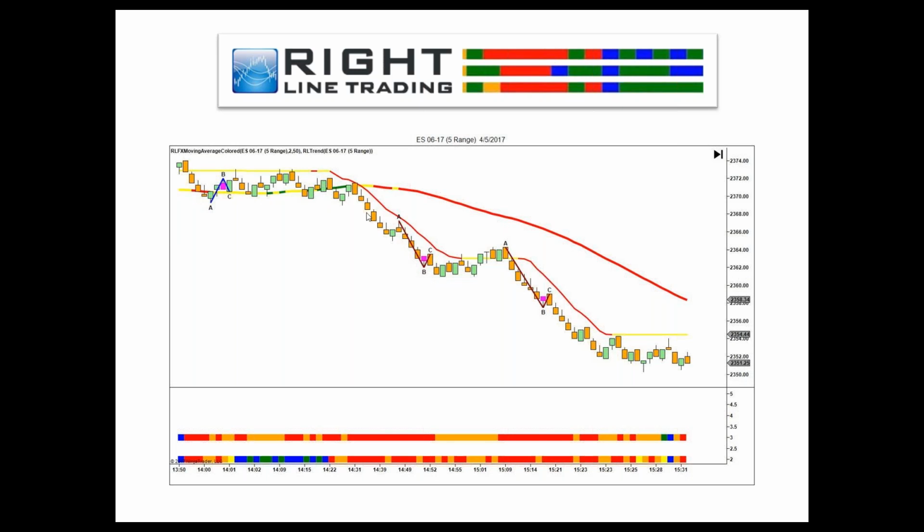And when they align, price moves and you get a trend. When they don't align, price chops. And during this period of time, you have momentum aligned to the downside, but order flow aligned to the upside. And you can see that during this period of time, price just chops.